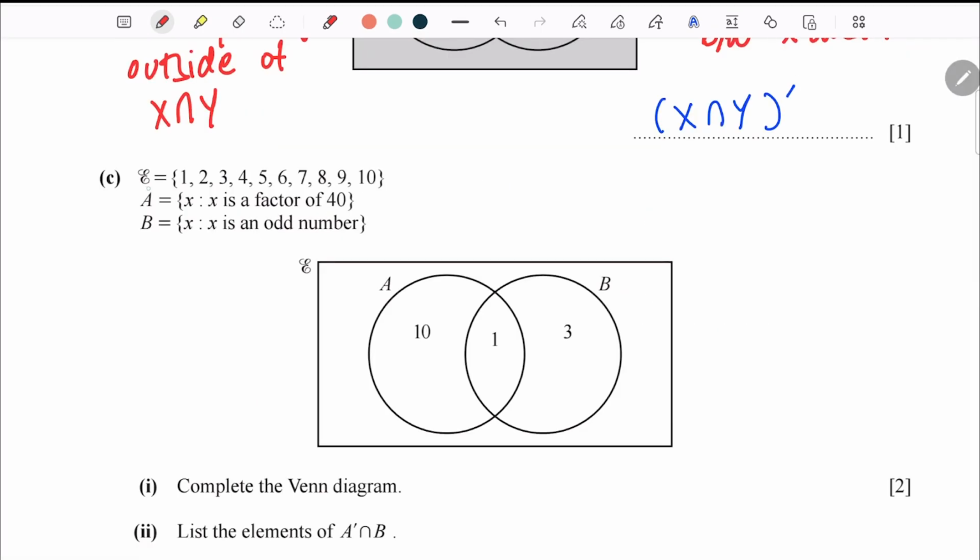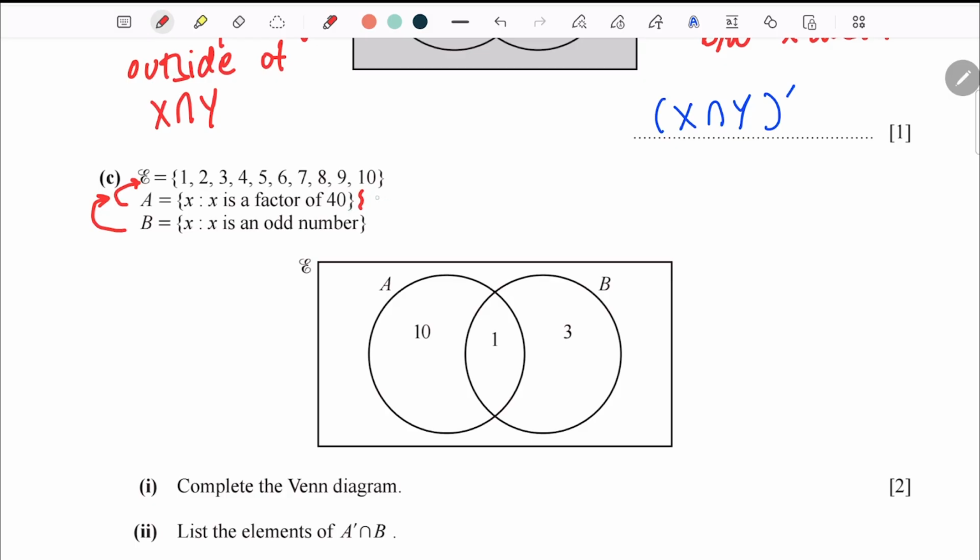Let's see, the universal set is 1, 2, 3, 4, 5, 6, 7, 8, 9, 10, and A and B will basically be parts of the universal set. Universal is basically the parent set, and A and B will be made from the terms in it. So A states x is a factor of 40.